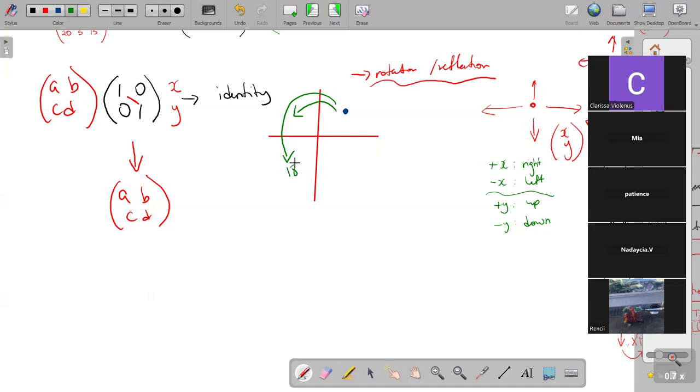Excellent, 180. If it goes over here, what angle is that? 270, because you add another 90 degrees. Excellent. So if you go all the way back around, that would give me what? The 360, right? Everybody with me? And understand how the angles work?